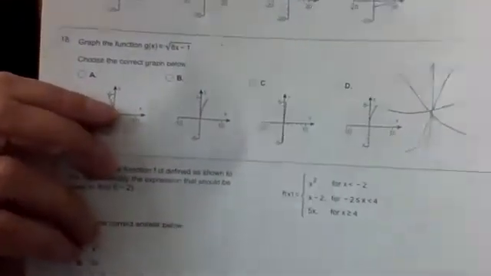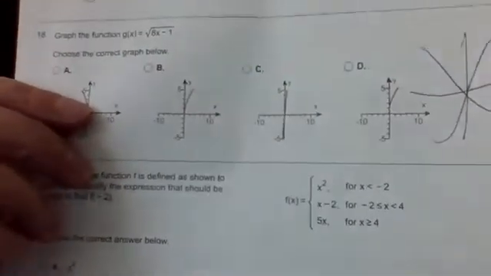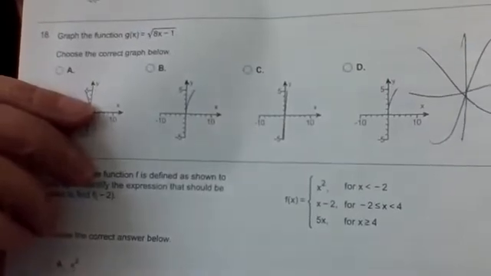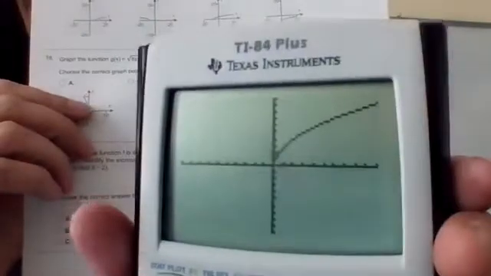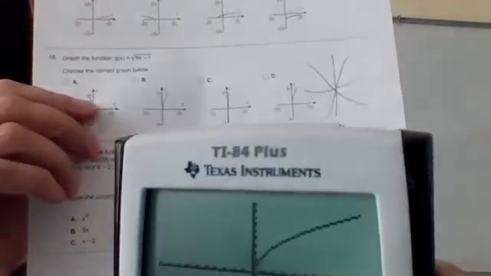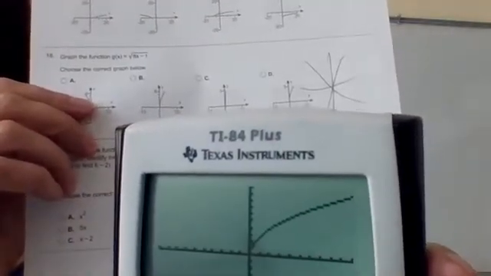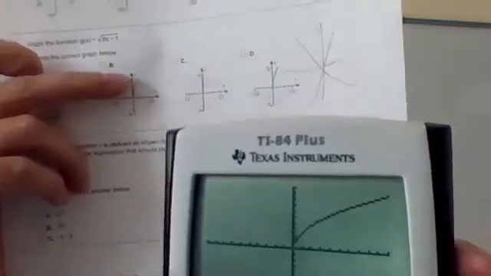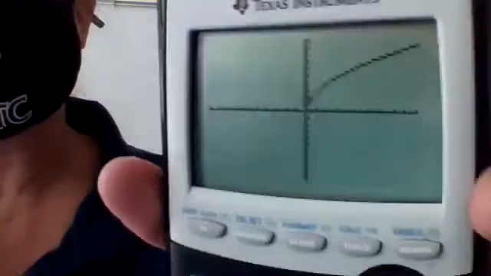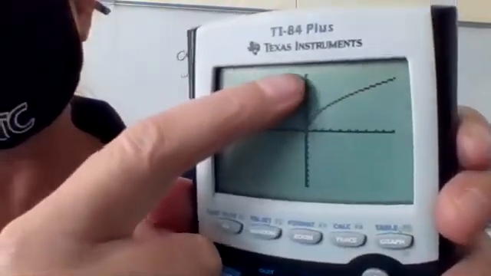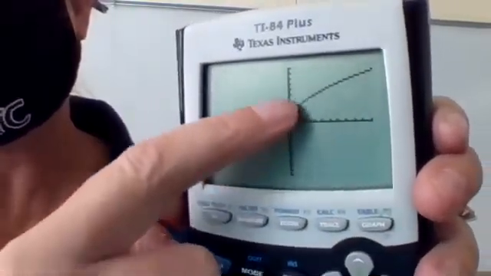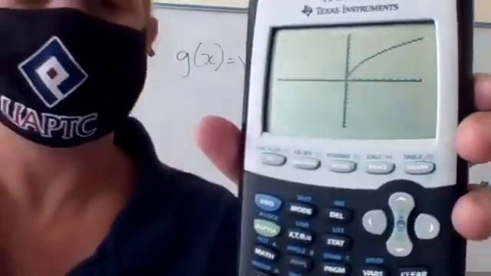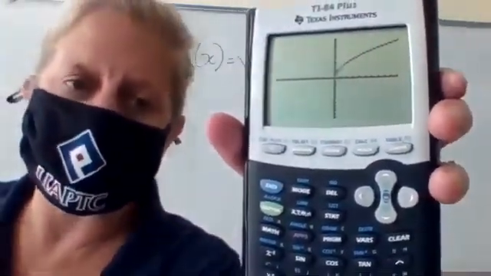The reason I'm showing you this is because look at B and D. They look so similar. Look at my graph. It looks flatter than B or D. See how steep they are? But the reason is, since these y values only go to 5 and mine go to 10, right? The top of my y-axis goes to 10. If you wanted to change that, you could.